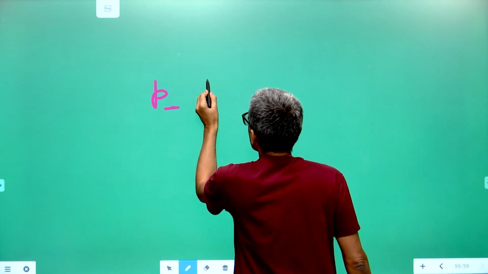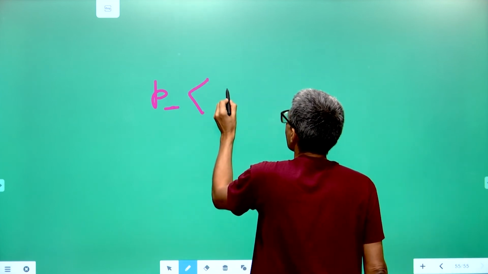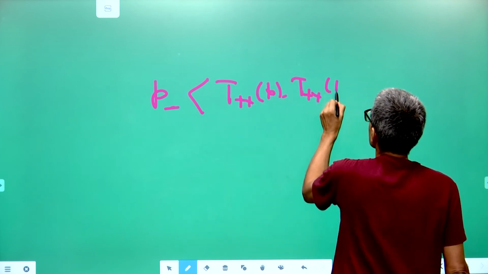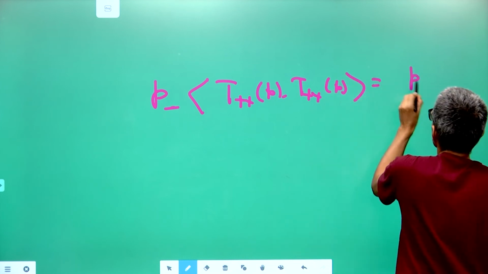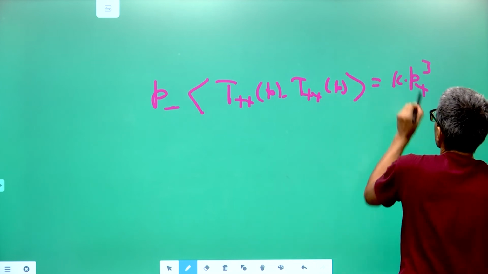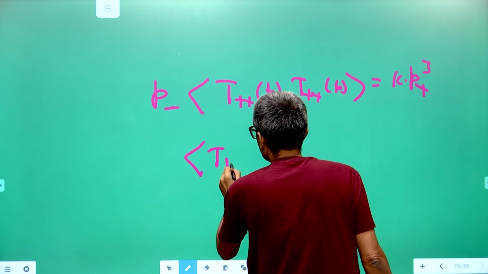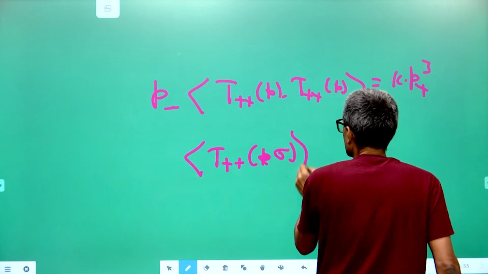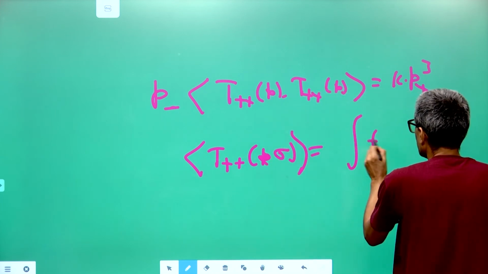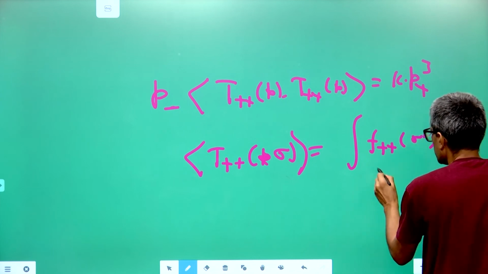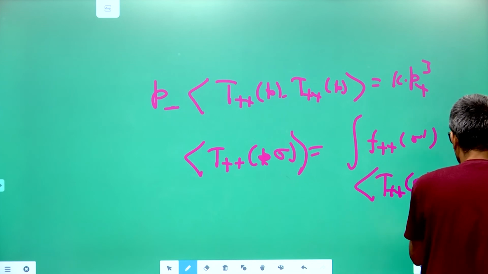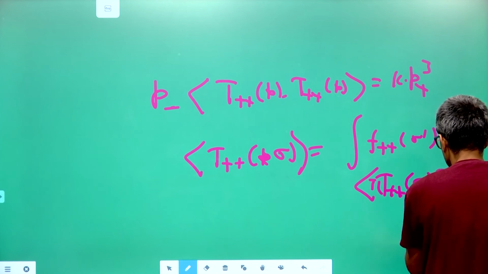So p minus acting on p plus plus p T plus plus p is equal to p plus cube into a constant, and you have also seen that the average value of T plus plus at sigma is given by the integral of f plus plus of sigma dash into the time ordered correlation T plus plus of sigma into T plus plus of sigma dash, d2 sigma dash.